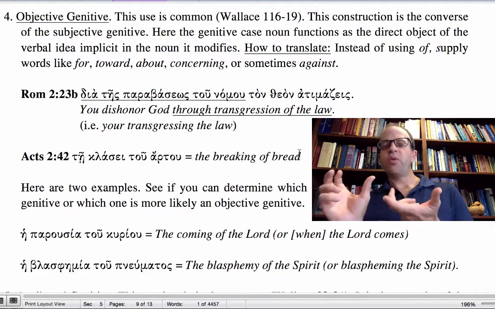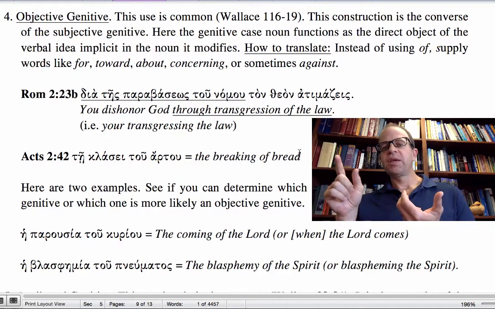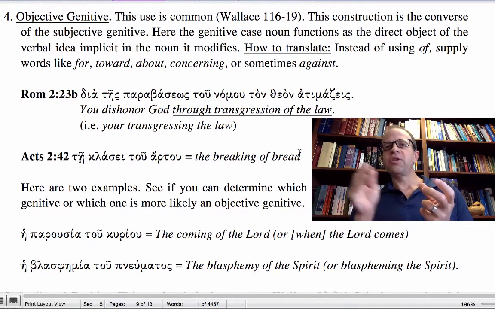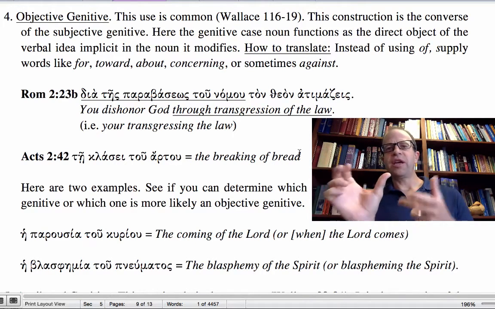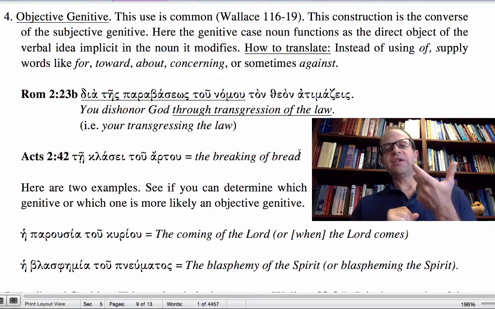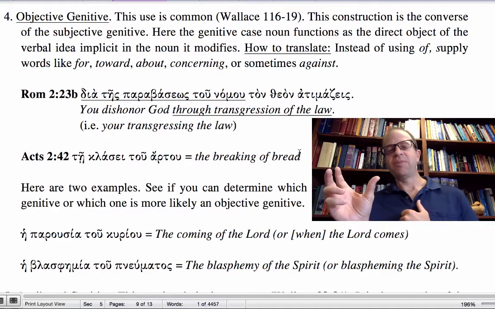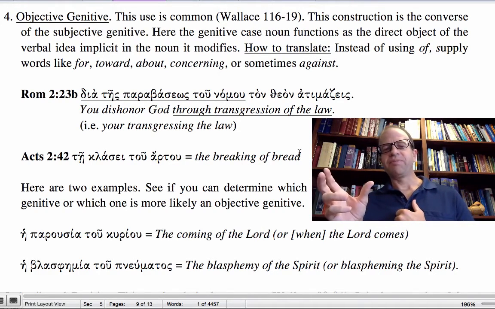One way to make this more obvious is that this idea of transgression, you could almost translate as transgressing the law. So you are transgressing the law. So in this case, the "of the law," the genitive, is functioning like the object of the head noun, which is like a verbal idea.